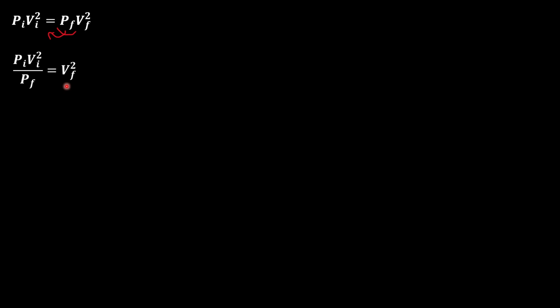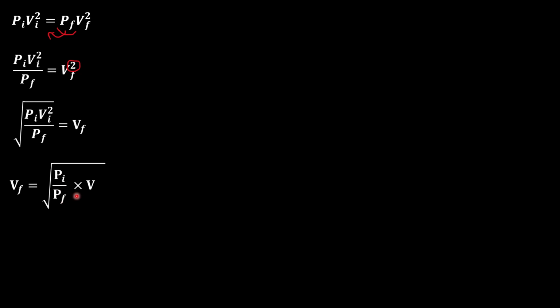And now we can get rid of the square by taking the square root of both sides. So the final volume equals the square root of the initial pressure over the final pressure times the initial volume squared.